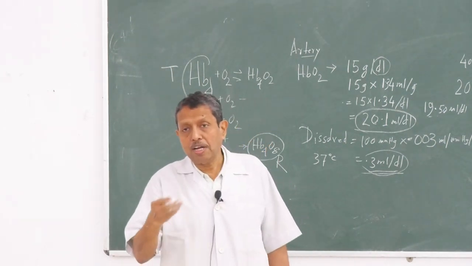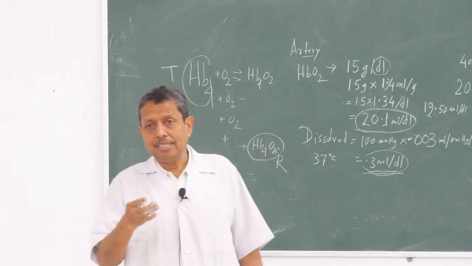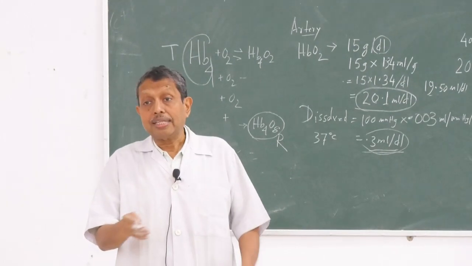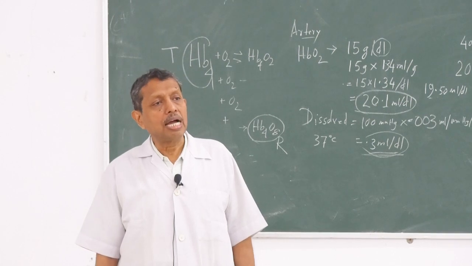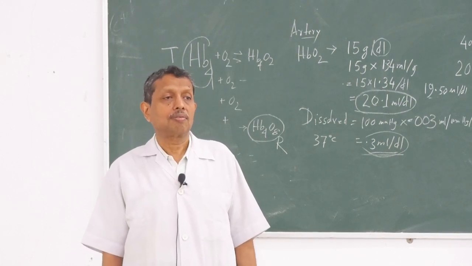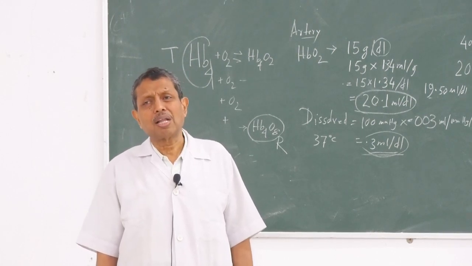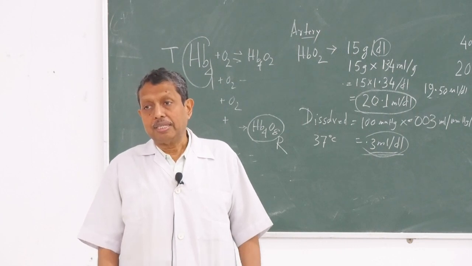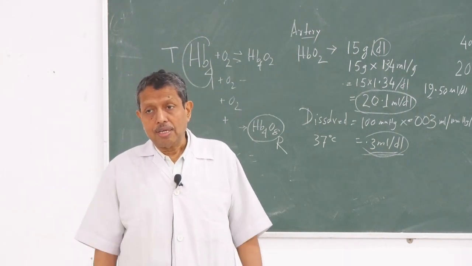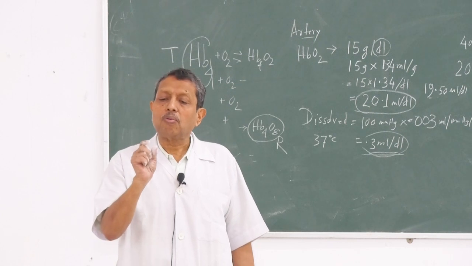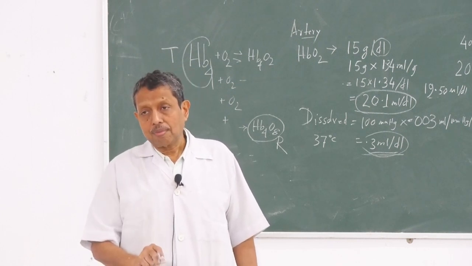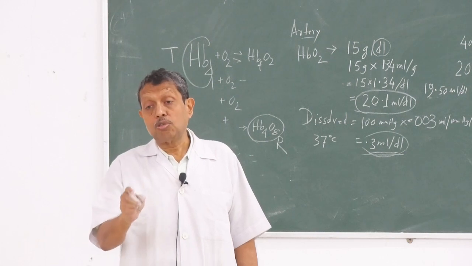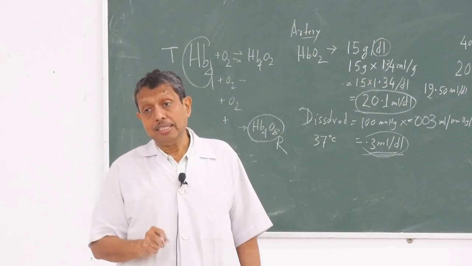So whenever the first oxygen enters, there is some breaking of the bonds. Details you can find in biochemistry texts, Harper's Biochemistry or others. When it binds with one oxygen, the T to R transition is favored, and the tendency to bind a second oxygen is increased.